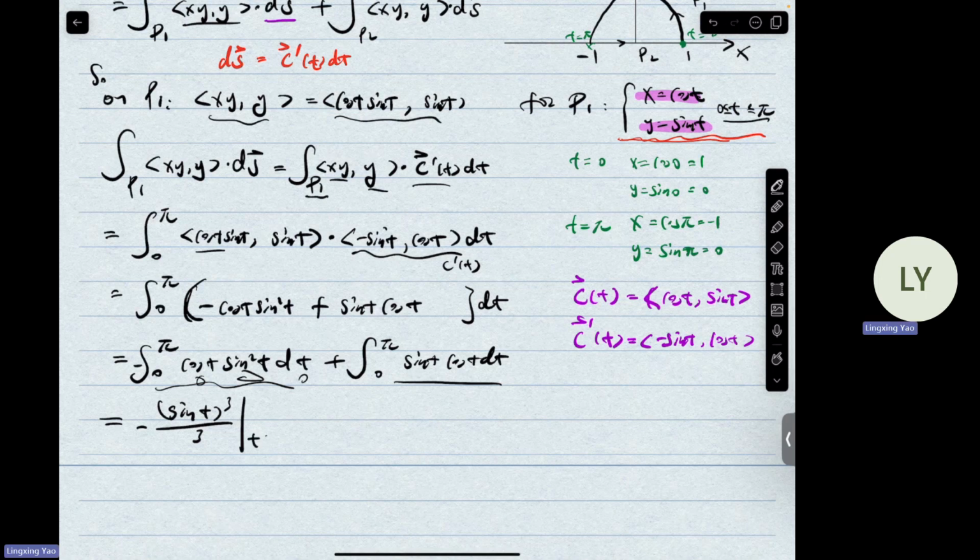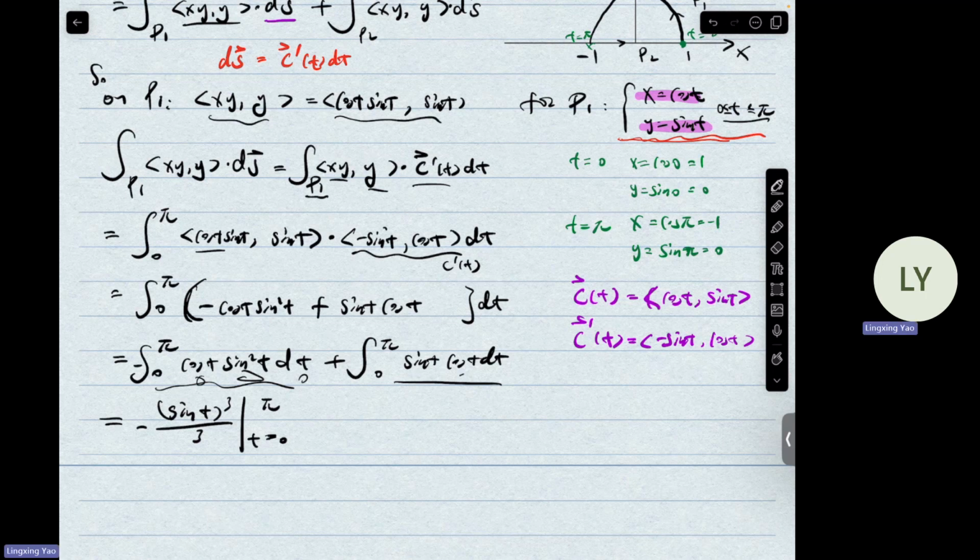And then t is between 0 and pi for the first part. For the second part, this is indeed easier than you thought, I think.